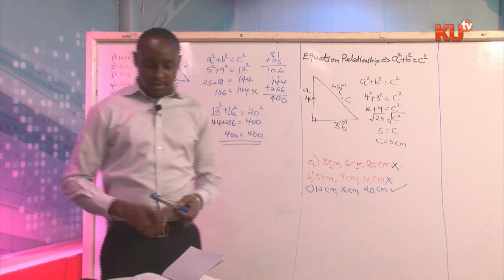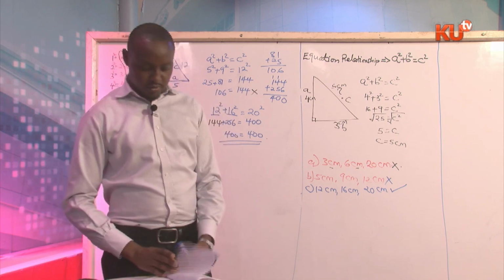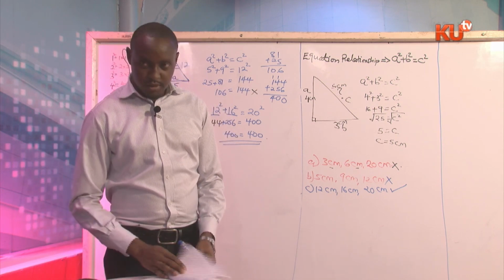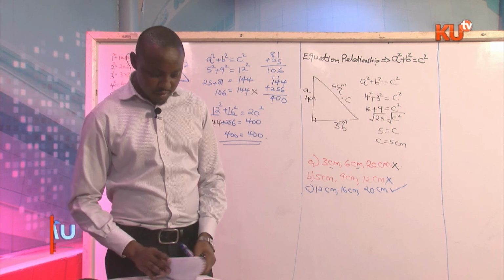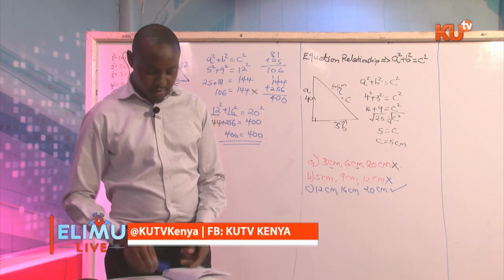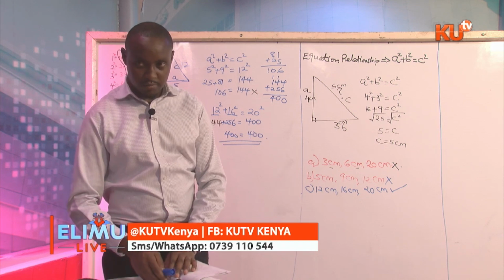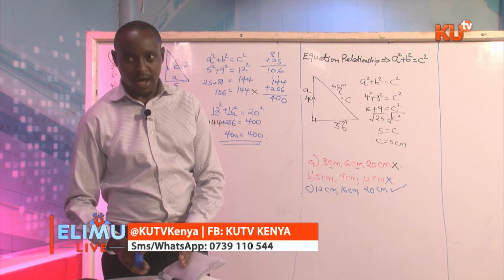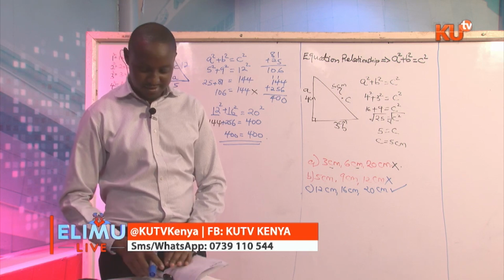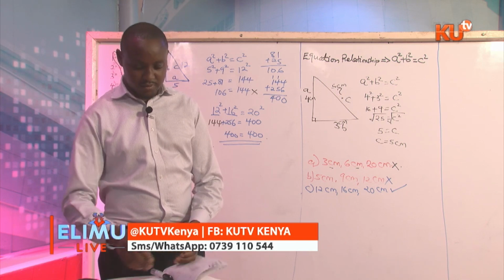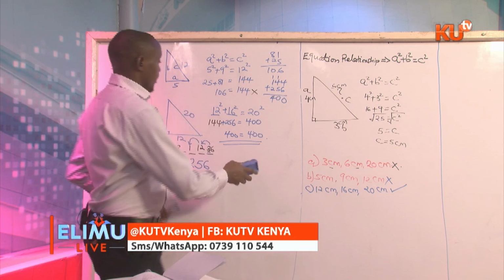So learners, D is yours on the screen. D is a right-angled triangle, so you can check again. I'm sure you have seen it on the screen previously.